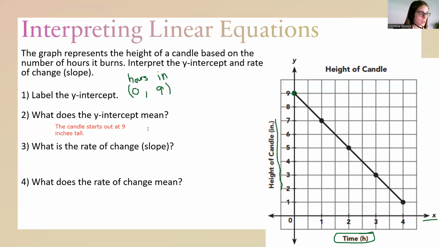You could also say, before the candle is lit, it is 9 inches tall. There's several different ways you can word it as long as you're getting that same point across that at the very beginning, before anything started, this is its height.